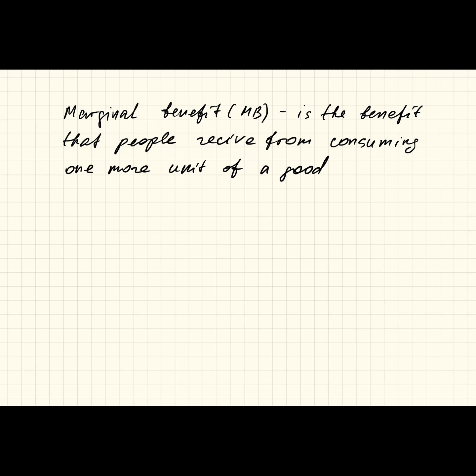So we're not talking about total. It's very important to understand the difference between marginal benefit versus total benefit. So total benefit, TB, is total benefit. What's the difference between marginal benefit and total benefit, and how are they related?